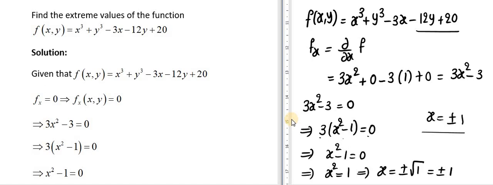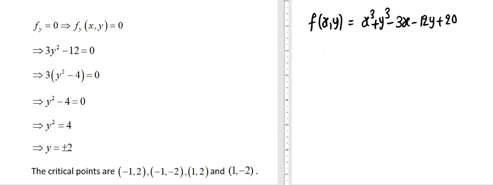For that we want to first find out fy. Fy means partial differentiation of f with respect to y. Now consider fy equal to 0. Find out fy. We are doing with respect to y, that's why x is constant.